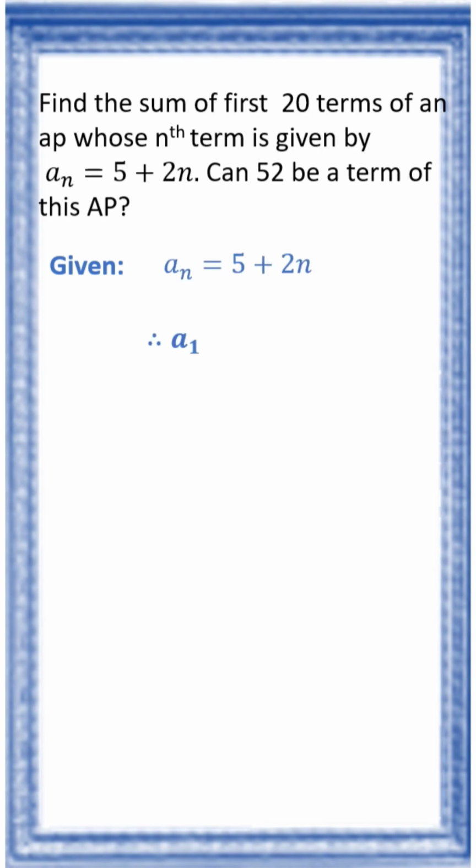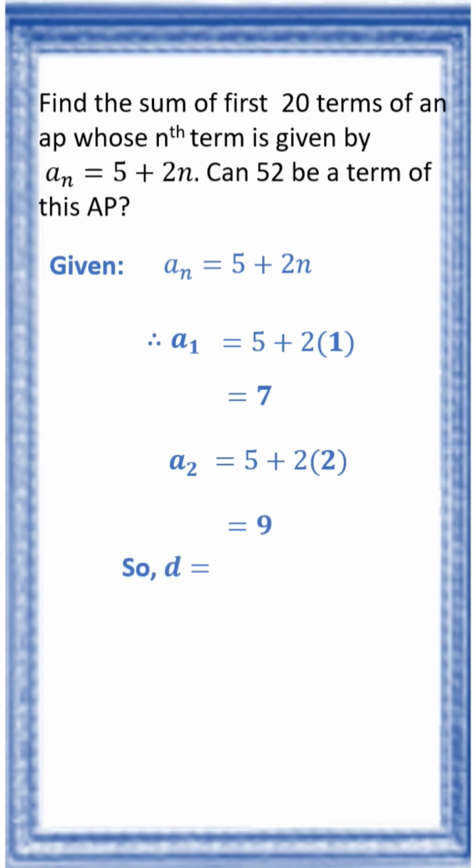So A1 is equal to 5 plus 2 into 1. So the first term is 7. Now we have to find the second term A2, that is equal to 5 plus 4, that is 9. Now we can find d: A2 minus A1, that is equal to 9 minus 7, that is 2.